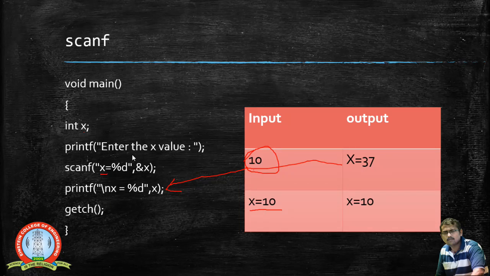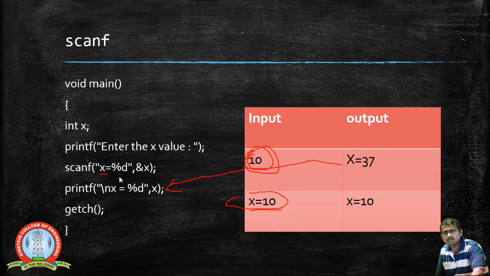So after you enter the x value, you have to enter it as x equal to 10 and not simply 10. There is a difference between entering 10 and giving it as x equal to 10.